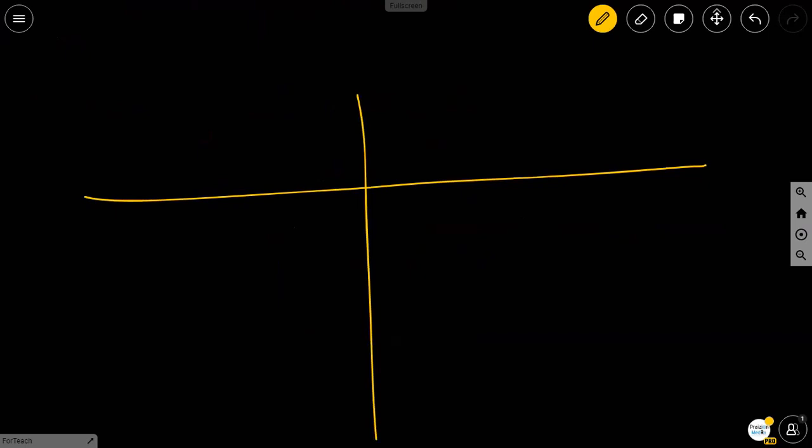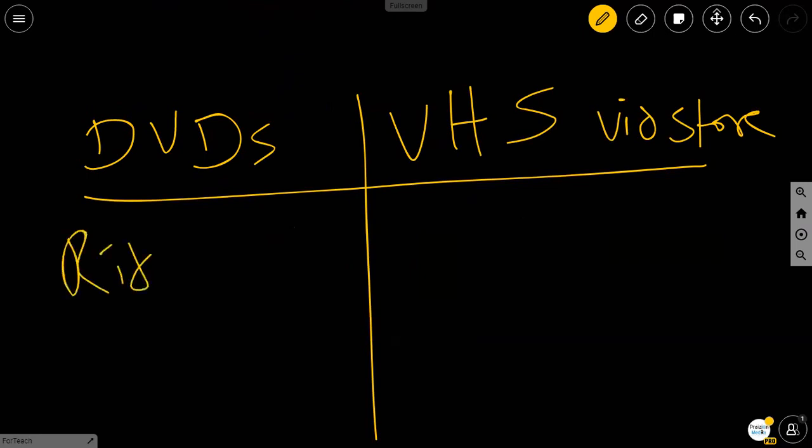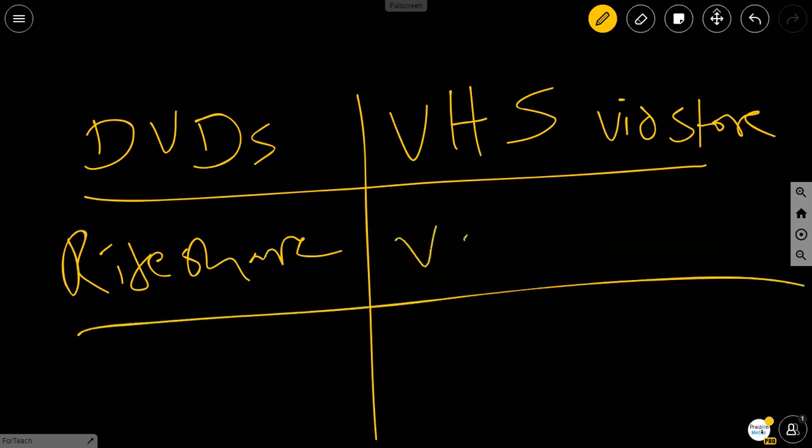Another example is DVDs in the mail versus a VHS video store. Sounds familiar? Netflix, the beginnings versus Blockbuster. What about the concept of rideshare versus a taxi? You well know that ride sharing is, of course, a lot cheaper.